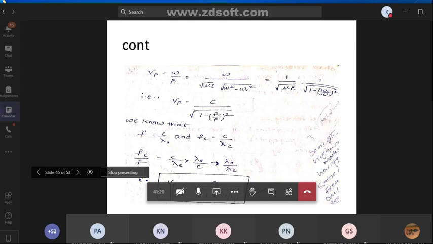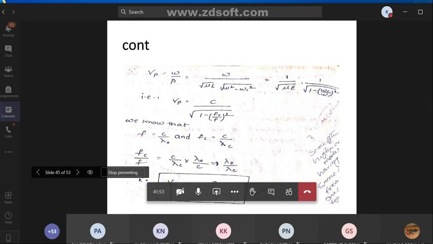So in place of 1 by square root of mu epsilon, we can write c. So the phase velocity will become c by square root of 1 minus fc by f whole square. That fc is the cutoff frequency. We know the standard formula is f equal to c by lambda naught and fc equal to c by lambda c, right? So we substitute this f and fc in the above equation.